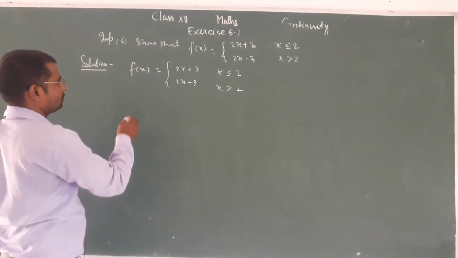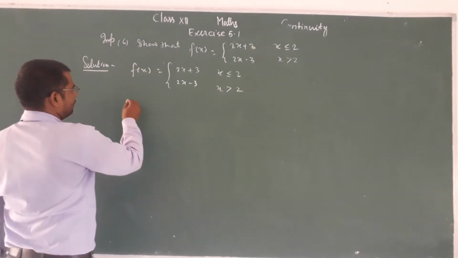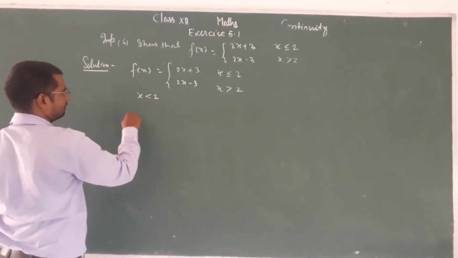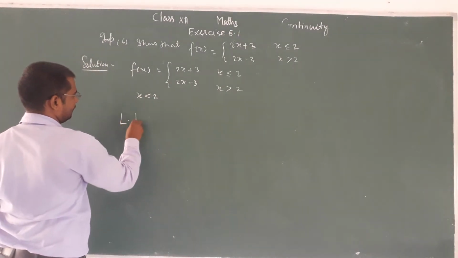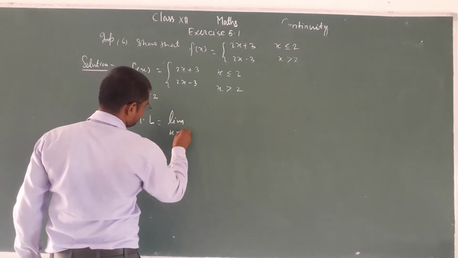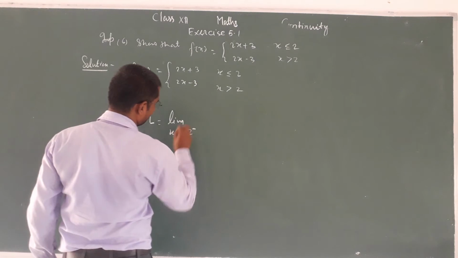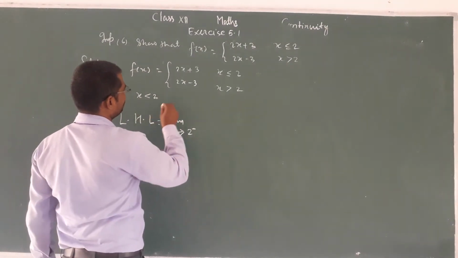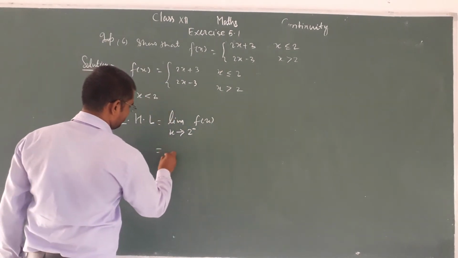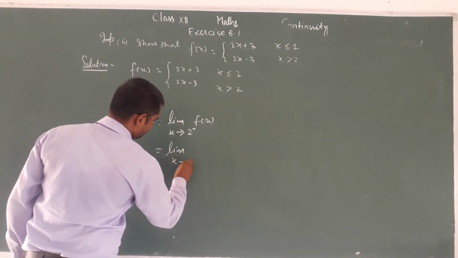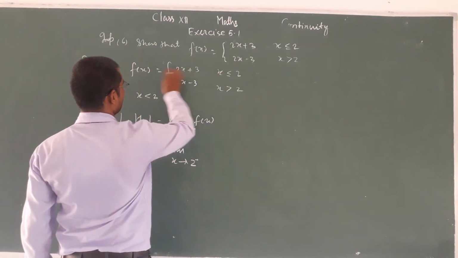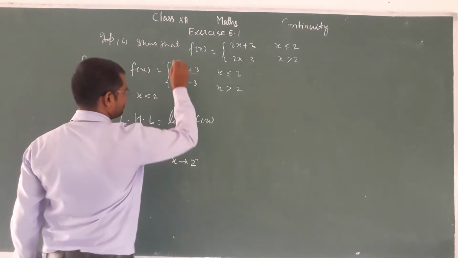Now when x is less than 2, we represent the left hand limit, limit x tends to 2 negative, of the function f(x). For x less than 2, f(x) is equal to 2x plus 3.